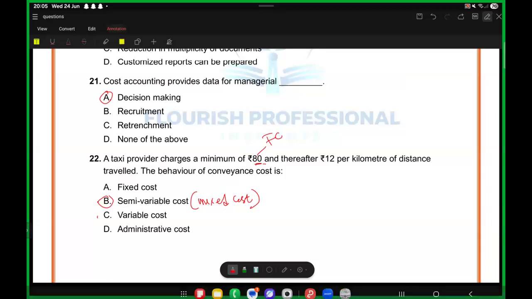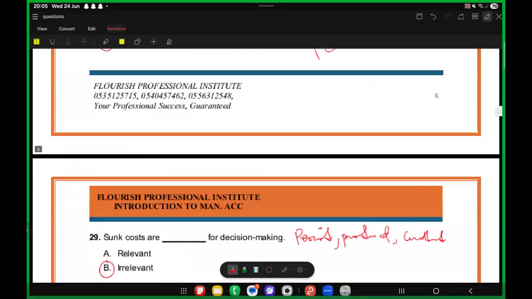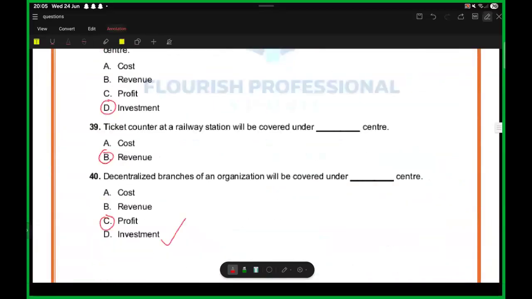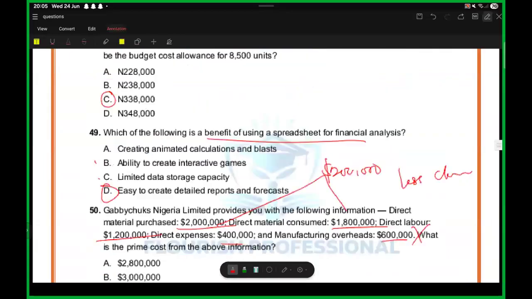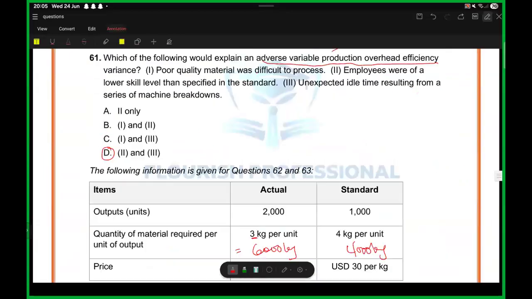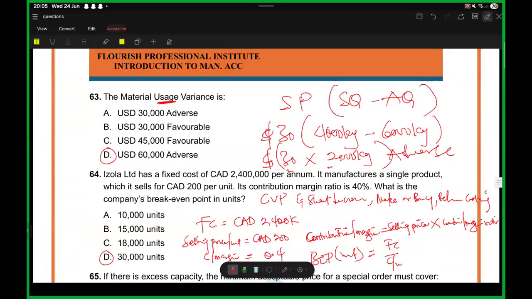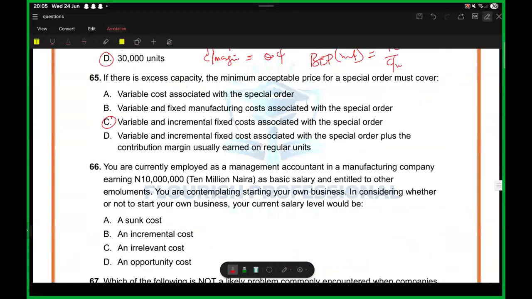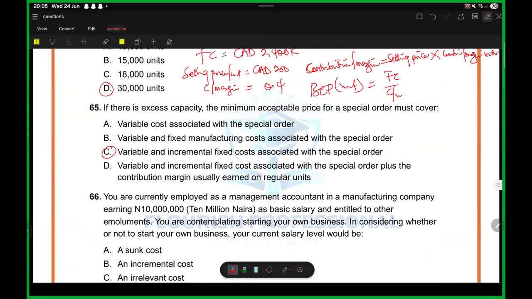So when it happens that way, as in question 65, we have an element of fixed and an element of variable. So for a special order, we are going to consider this. We will not consider the third because there will be no lost contribution.